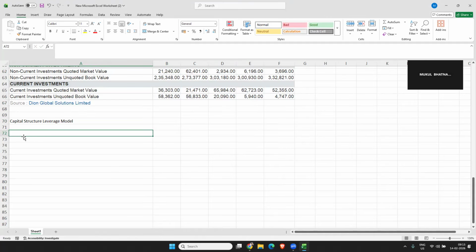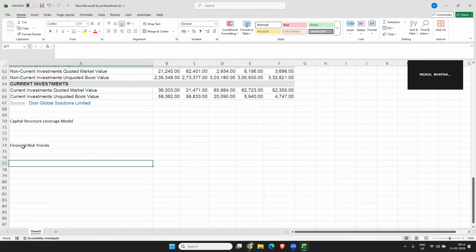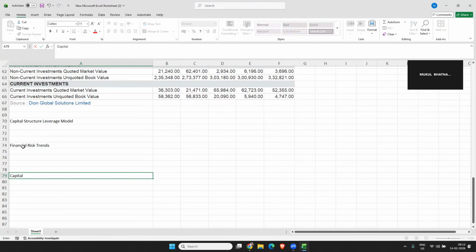So I'm leaving two to three lines here and then I'm writing financial risk trend. After calculating financial risk trend, we'll calculate capital structure mix. So these are the three things that we will calculate today.